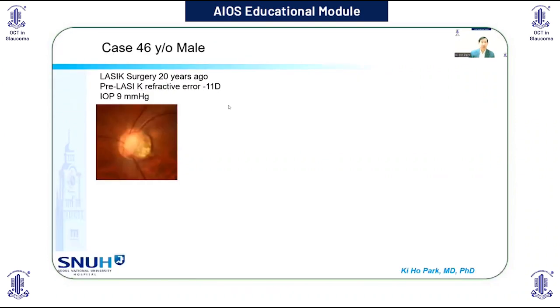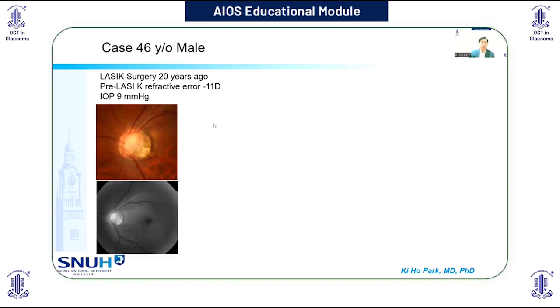This is the last case, a 46-year-old gentleman. LASIK surgery was done 20 years ago, and pre-LASIK refractive error was -11 diopters. IOP was 9. You can see inferior temporal and superior temporal retinal nerve fiber layer defect.